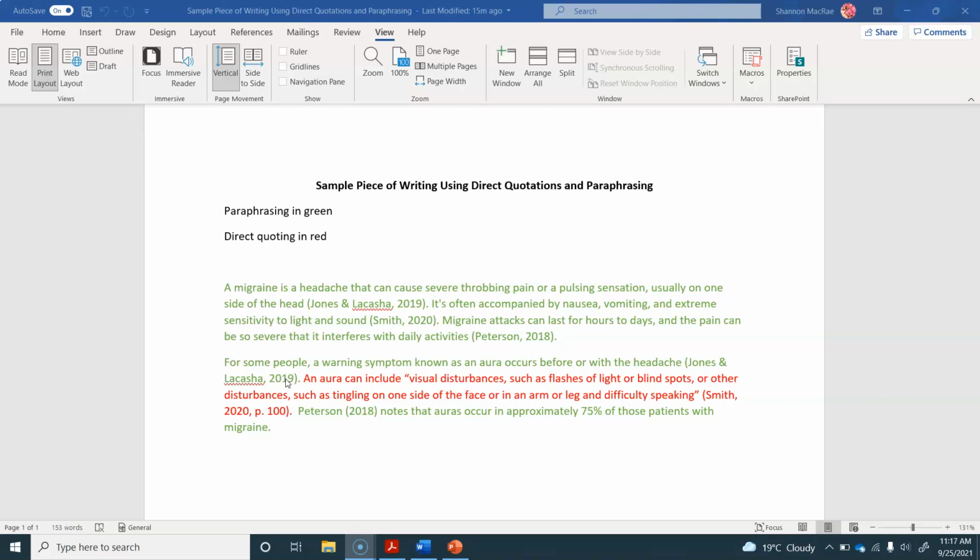It really is a way of protecting yourself, because what you're doing is you're showing your reader where the original information came from. This protects you against academic dishonesty or plagiarism because you're giving credit to the original authors or the original thinkers of those ideas. But it also protects you in terms of being challenged about the information that you're providing.